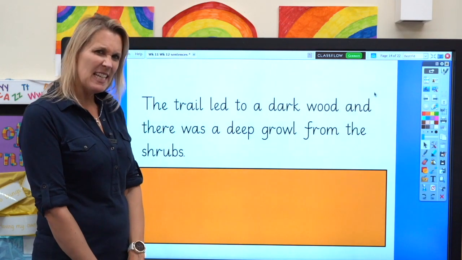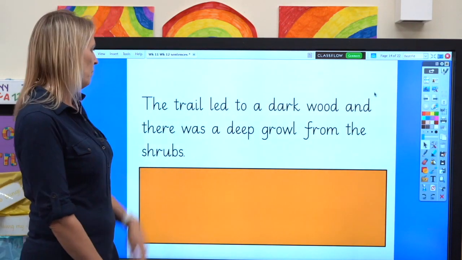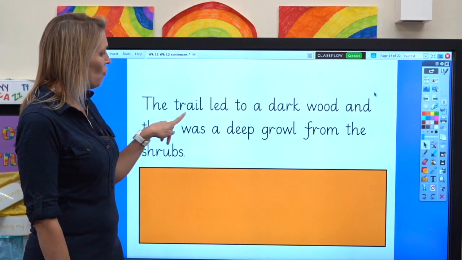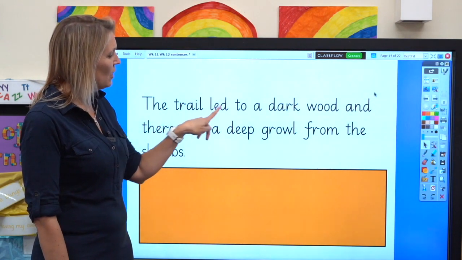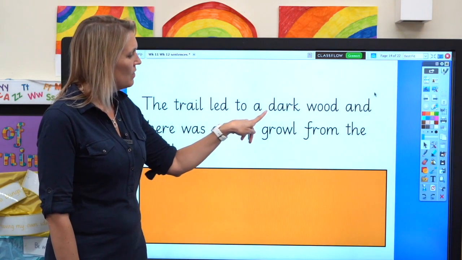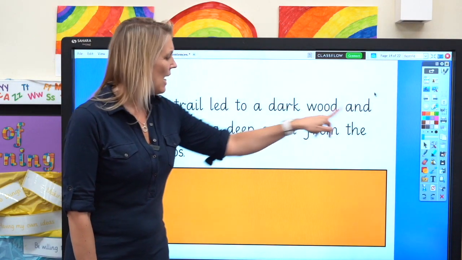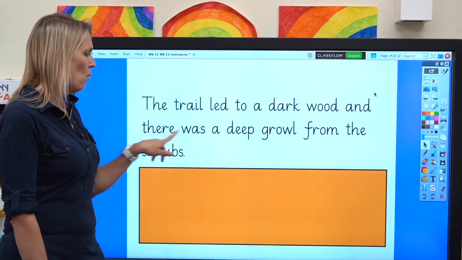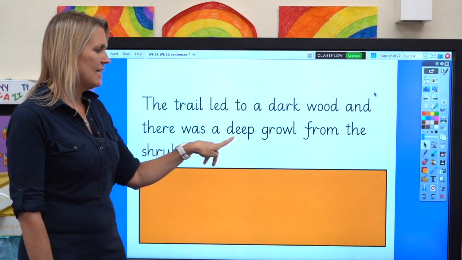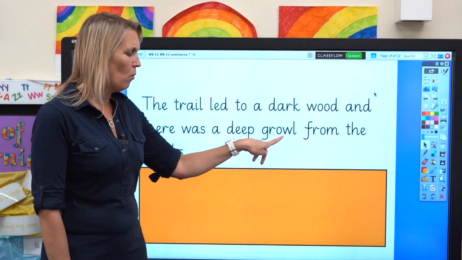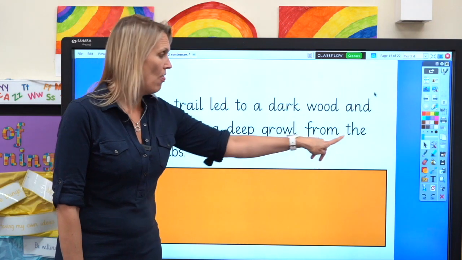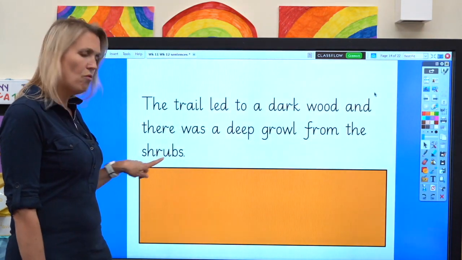Now let's read the sentence together. Read with me. The trail led to a dark wood, and there was a deep growl from the shrubs.